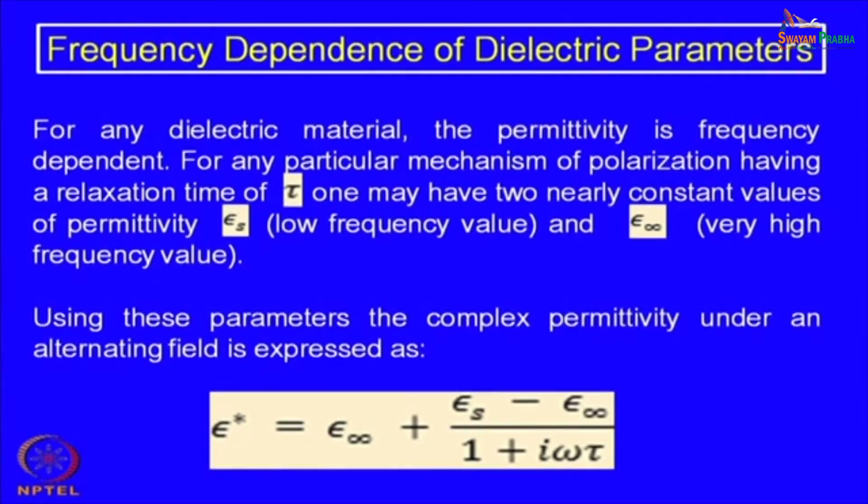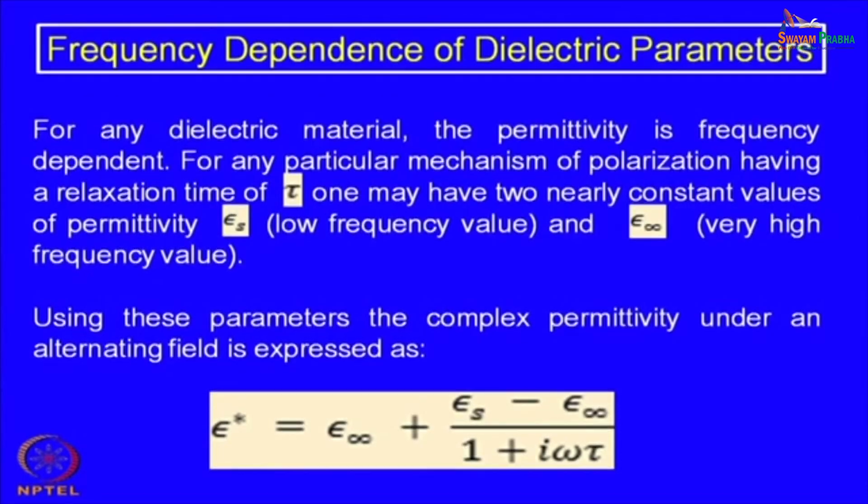So one may have two nearly constant values of permittivity: epsilon s, the static dielectric constant or static permittivity, which is basically the low frequency permittivity, and a very high frequency permittivity. Both of them are more or less constant over some frequency range.